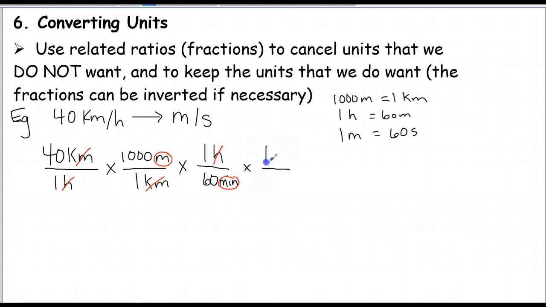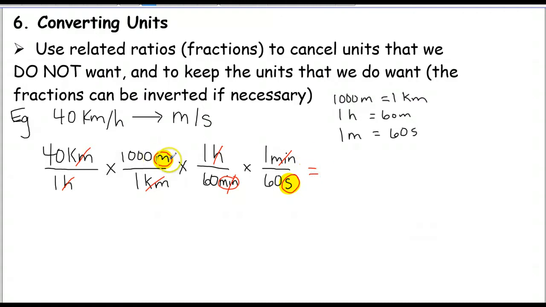So we write minutes on the opposite side of our fraction sign. So 1 minute, there are 60 seconds. And now our minutes cancel each other out. Now we're left with these 2 units, which is our goal. That's what we want in our final answer, right? We wanted meters per second, and that's exactly what we just did, by using relationships that we do know to cancel out ones that we don't want.